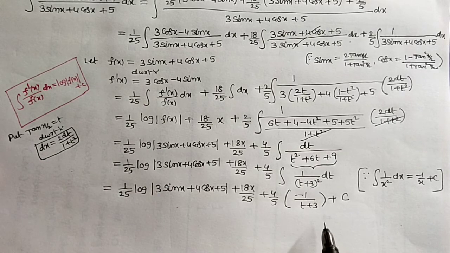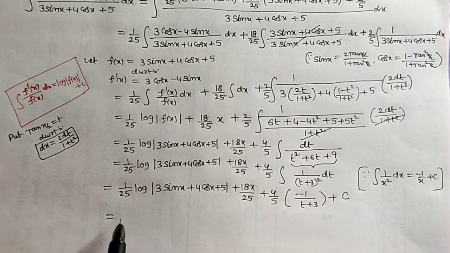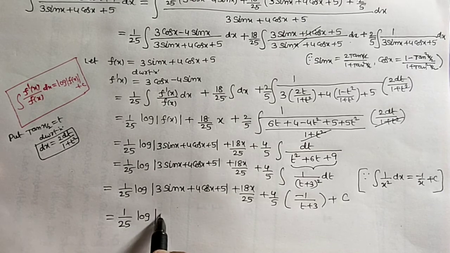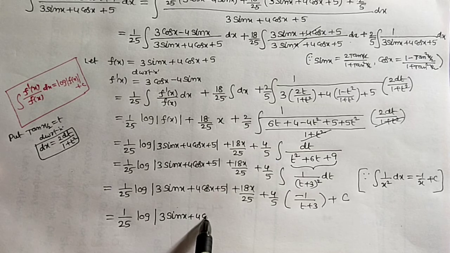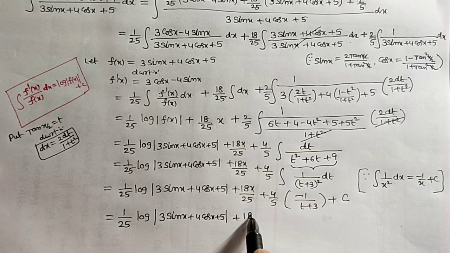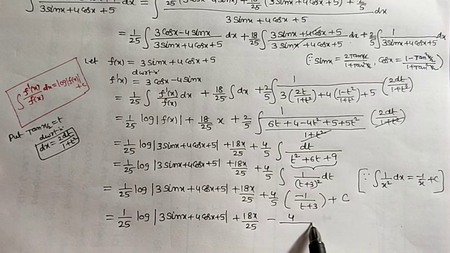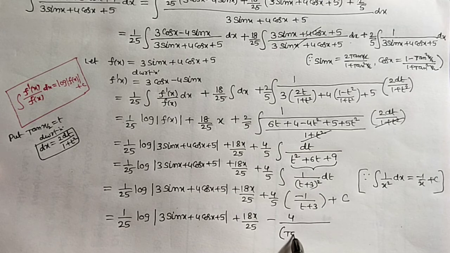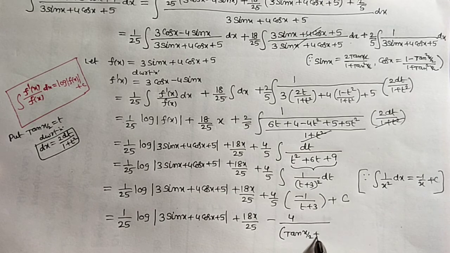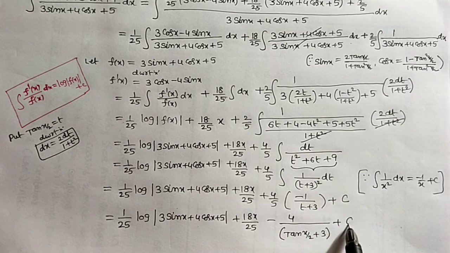That we have to replace here. Therefore, 1 by 25 log mod 3 sin x plus 4 cos x plus 5, plus 18x divided by 25 minus 4 divided by, in place of t, tan x by 2 plus 3 plus c.